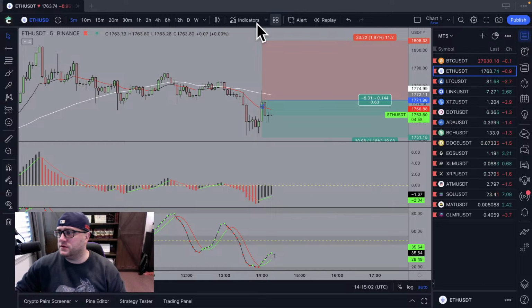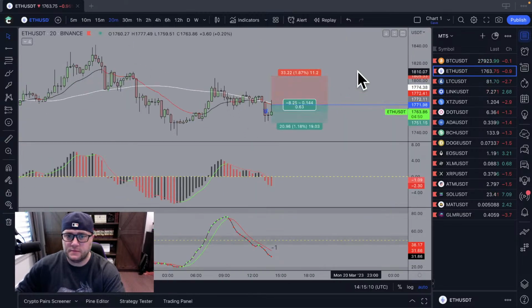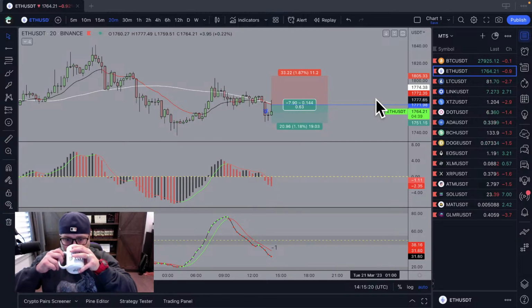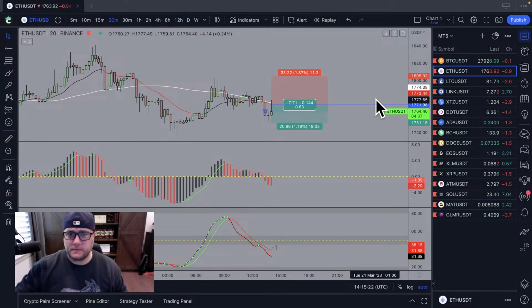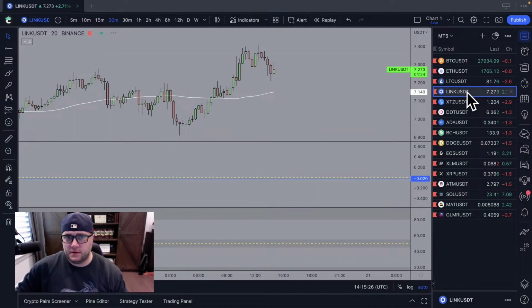Now we have both alerts on there, so we don't have to do anything. Just wait and watch and see how it goes. If it crosses and we close out, who cares? Because we've already closed out 80% at 2 or 3%. And now we just wait for the next signal.